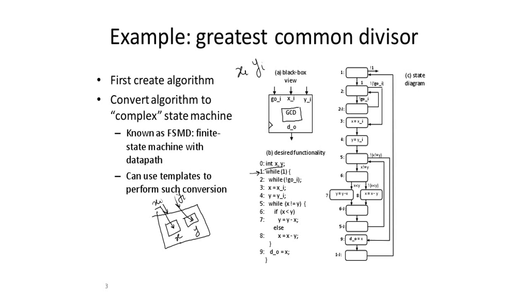Now it will check, before computation of GCD, whether x is equal to y or not. If x is not equal to y, it will go into this particular loop. So if you see, this complete algorithm takes a total of 10 states.